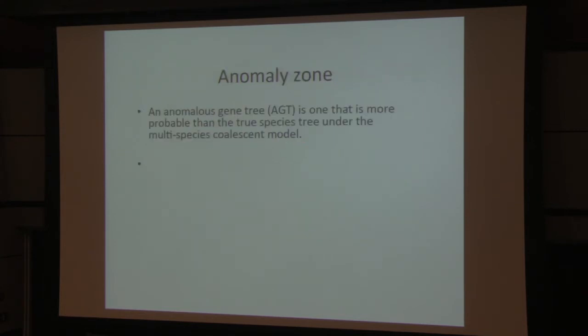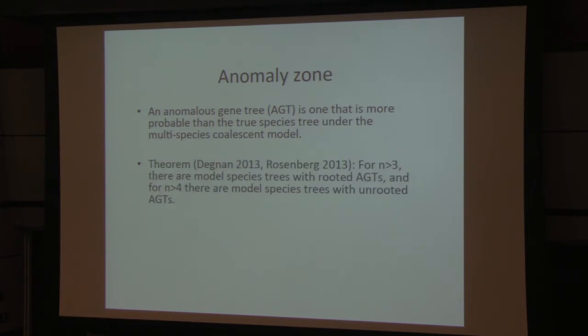So there's this thing called the anomaly zone. The anomaly zone is exactly the case where the most probable gene tree is not the species tree. And what is now known is that whenever n is at least 4, there are rooted species trees where the most probable rooted gene tree is not the species tree.